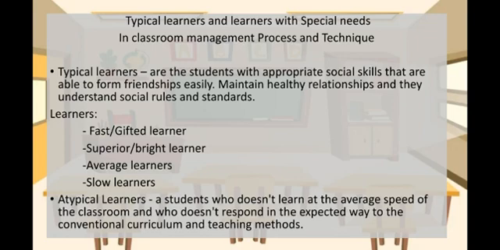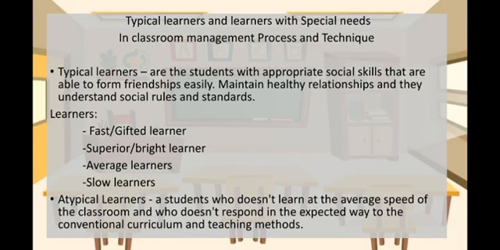Some of these are the fast or gifted learners, the superior or bright learners, the average learners, and the slow learners. Next, the atypical learners. An atypical learner is a student who doesn't learn at the average speed of the classroom and who doesn't respond in the expected way to the conventional curriculum and teaching method.